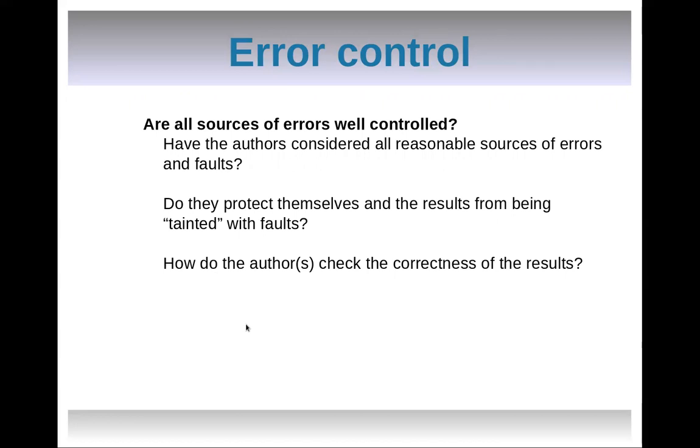From a methodology point of view and results, have the authors covered sources of errors? Maybe they are a little bit sloppy. If you redo the study, you should end up with the same results. When I read an article, if I redo their study using their explained methods, I should end up with the same results.